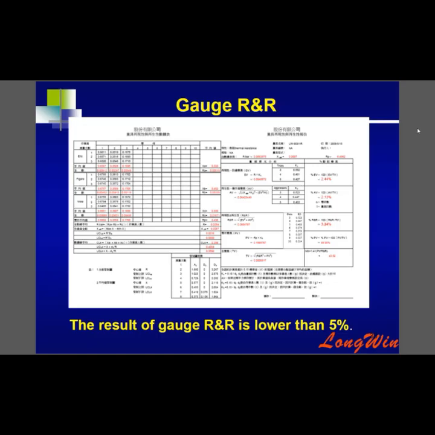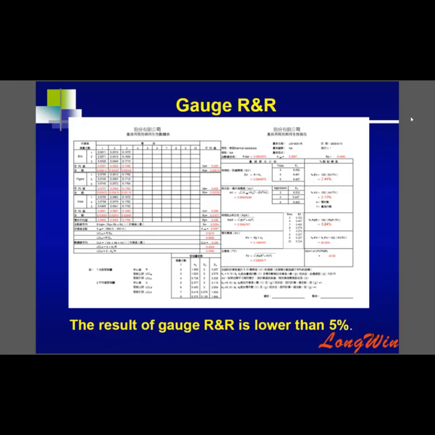And now we are looking at the result of gauge R&R, which means the repeatability and the reproducibility. So here we find 3 different samples and different operators to measure the thermal impedance and to do the analysis. This is the result we did before, and the result was about 3% of gauge R&R.